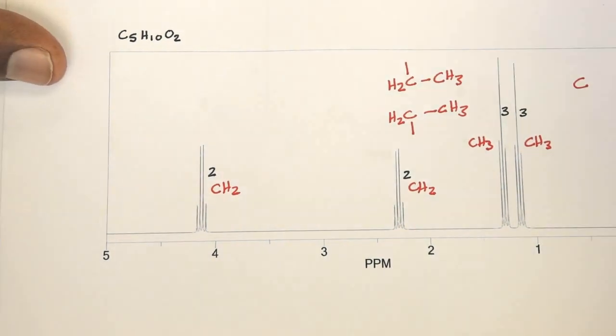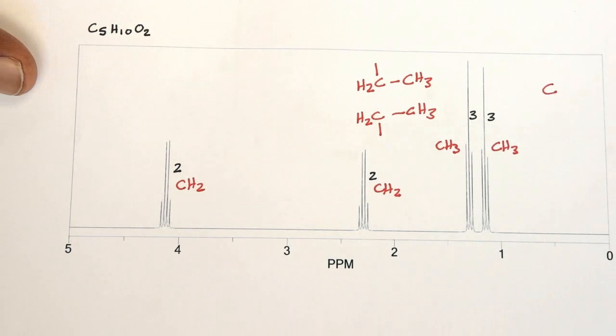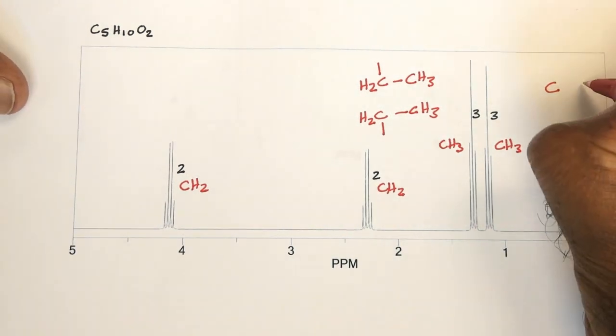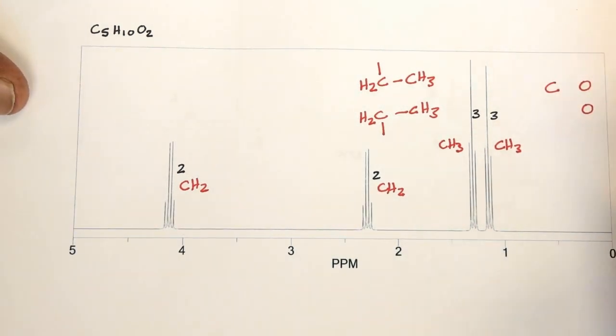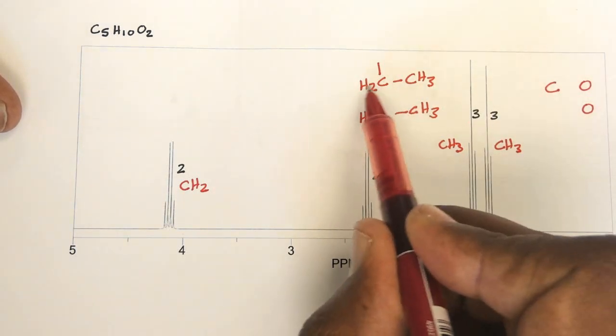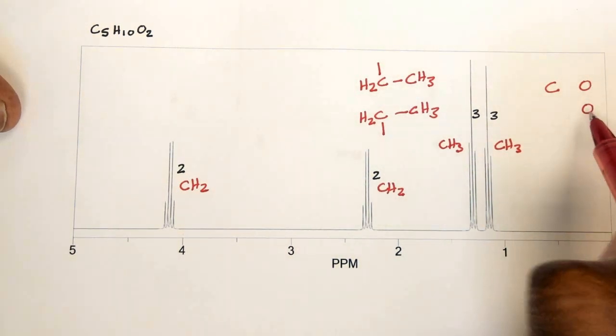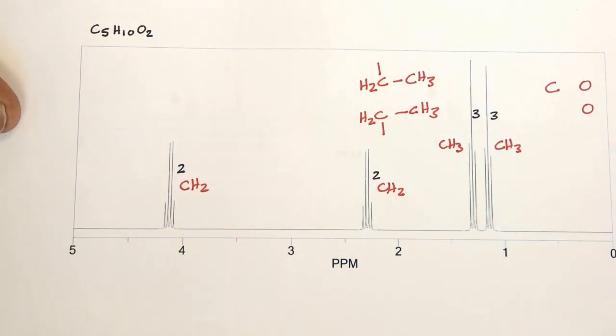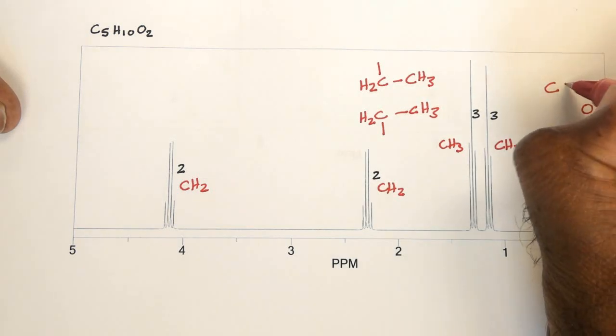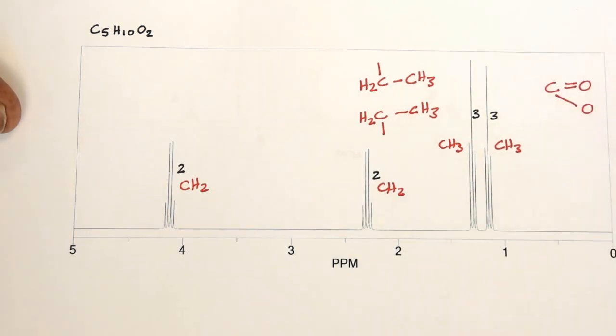I also need 2 oxygens, because there are 2 oxygens left. So I need to find the structure that has this group in it, that group in it, that carbon, and those oxygens, which means putting these groups together in some sort of fashion.